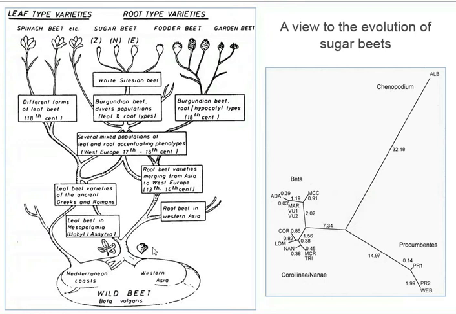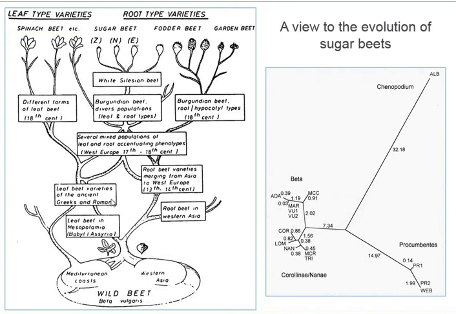So if we look at the evolution of sugar beets and beets in general, you have to start off at the wild beet down at the bottom of the panel here. This is Beta vulgaris. Most of our understanding comes from the Mediterranean coasts, but there's thought to be in Western Asia, which is difficult to collect in right now, perhaps origin of the root, large root character itself.